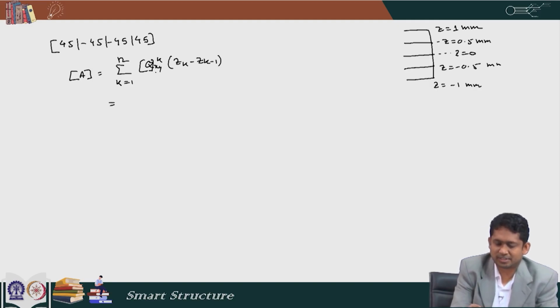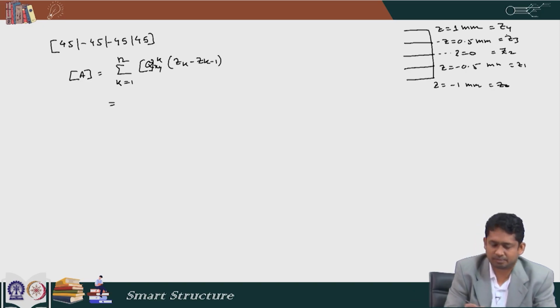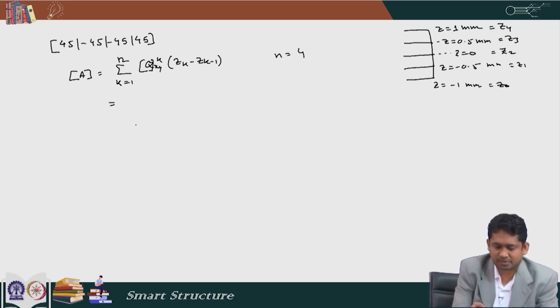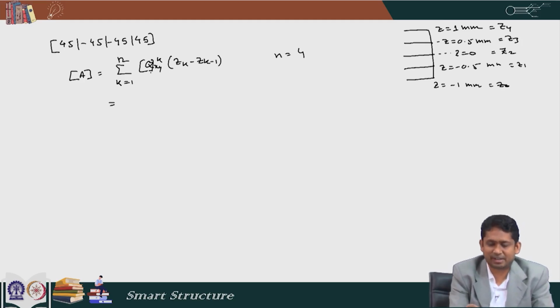So, we are just taking Q and integrating over each layer and adding it up. We can call these Z0, Z1, Z2, Z3, Z4, and n in our case is equal to 4. In this case because thicknesses are the same, it is nothing but adding up all the Q matrices and finally multiplying by the thickness of each ply.